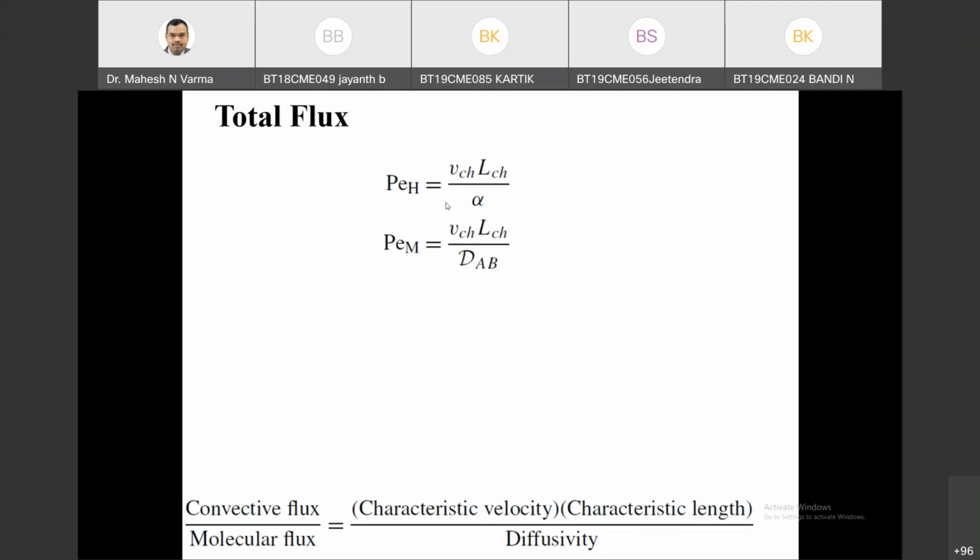Can you repeat the question again, please? So whether you are sleeping or what? No, sir, I'm not sleeping. I am asking what is the physical significance of the Peclet number for heat transfer? What is the Peclet number for heat transfer representing? Sir, the product of Reynolds number and Nusselt number.